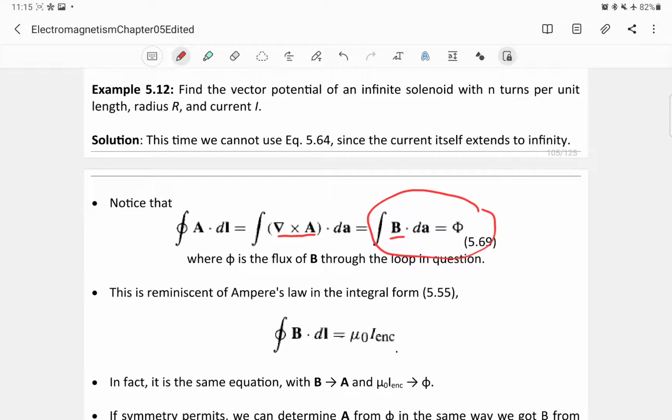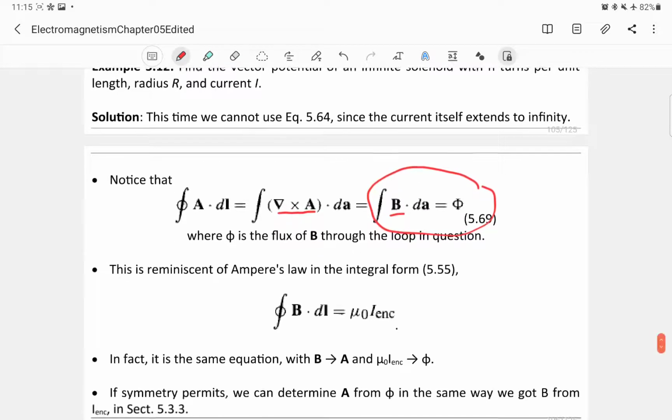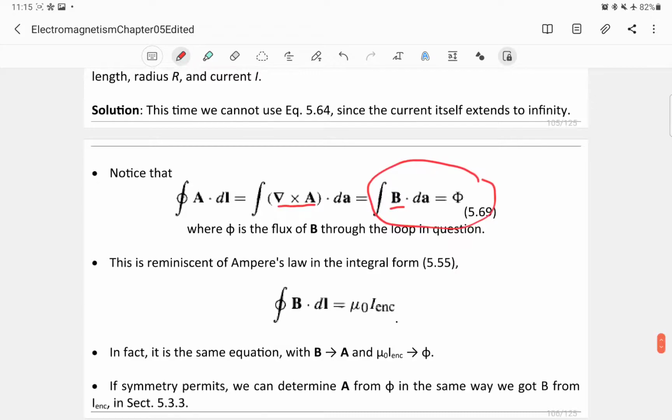Also, similarly, it is the same as Ampere's law.